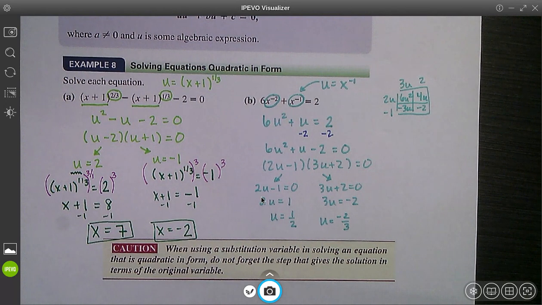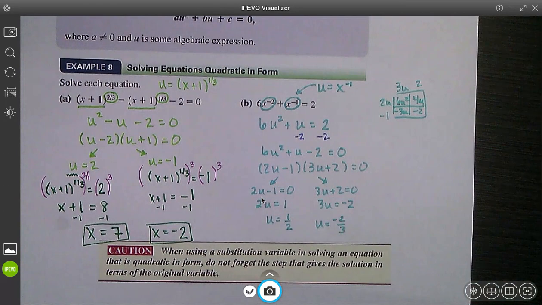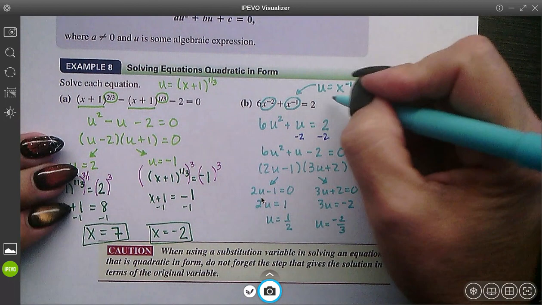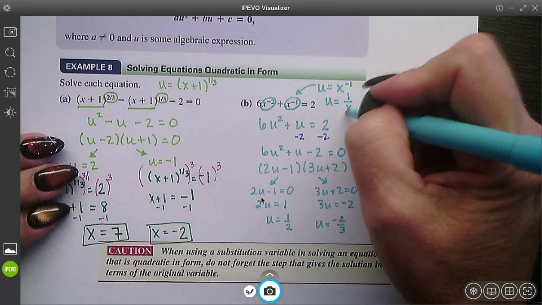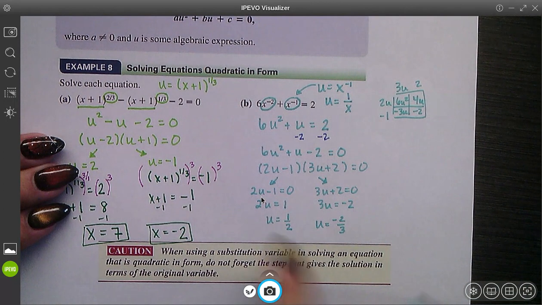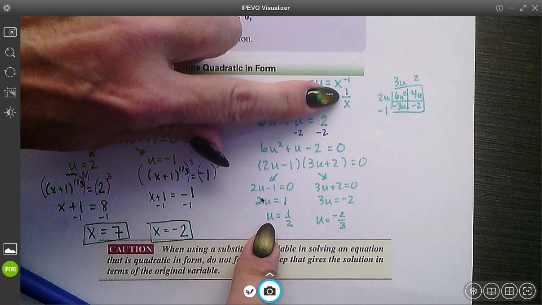My original replacement said u equals x to the negative 1. But remember that negative exponent means a reciprocal. So another way to write that would be u equals 1 over x.